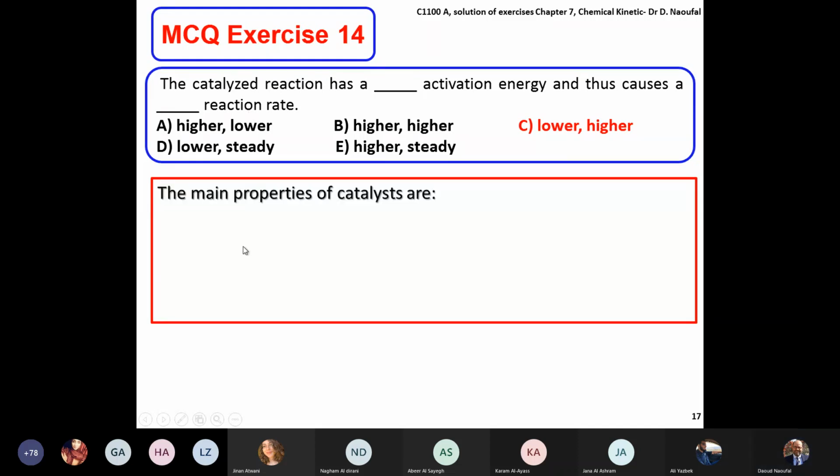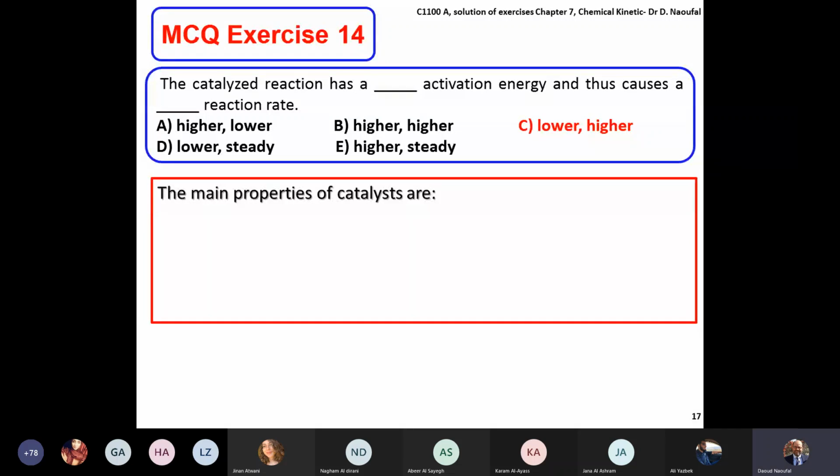First, what is the definition of the activation energy? The activation energy is the minimum energy needed for the reaction to proceed, and it is constant for a given reaction. It can be changed only if you add a catalyst.